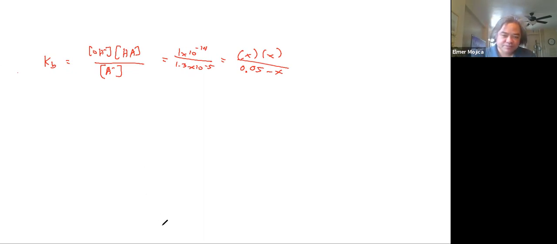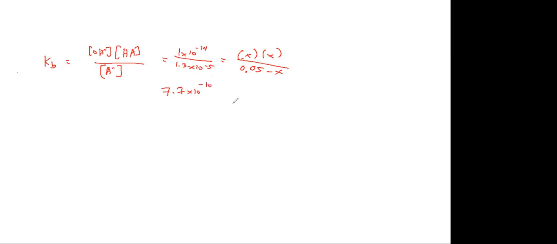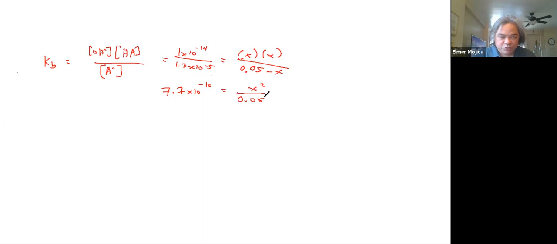Anyone? So this now becomes 7.7 times 10 to the negative 10 equals x squared over, and as usual, 0.05 minus x is just equal to 0.05.